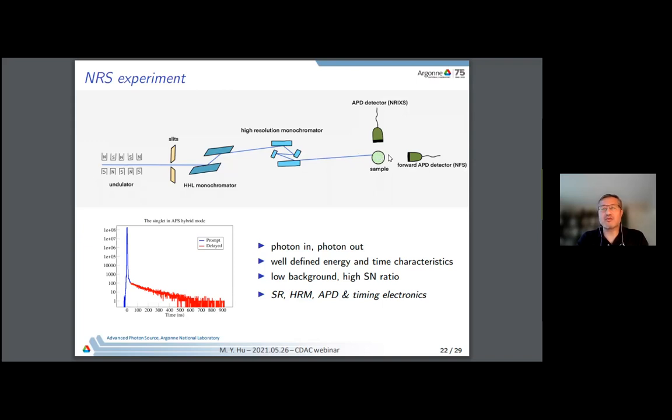There's not much restriction. But for the inelastic scattering, the name of the game is the solid angle, because inelastic scattering is an incoherent process, and it's isotropic also. So you want to collect as much as possible, so the detector needs to be close to the sample.